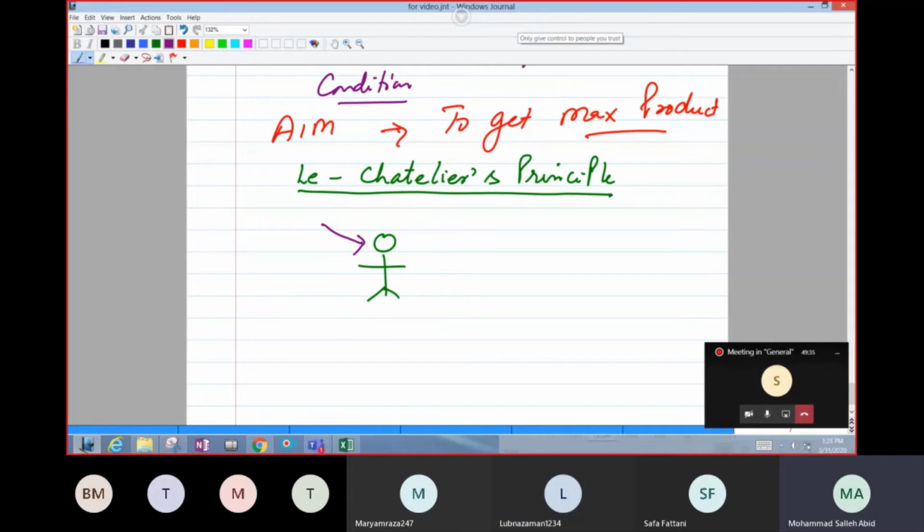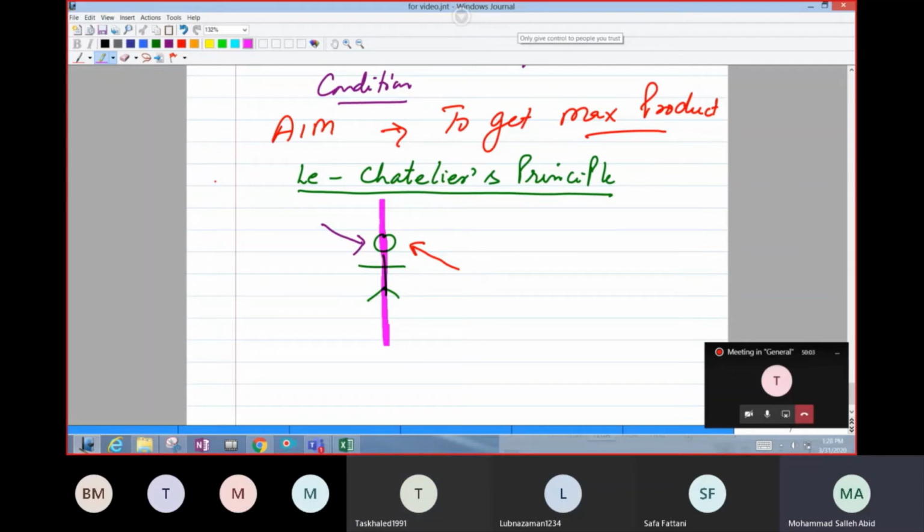What will you do? Apply a resistant force in the opposite direction, the same amount. Why? Because you want to stay in your equilibrium position. You don't want to fall off. Is this thing clear? Yes.